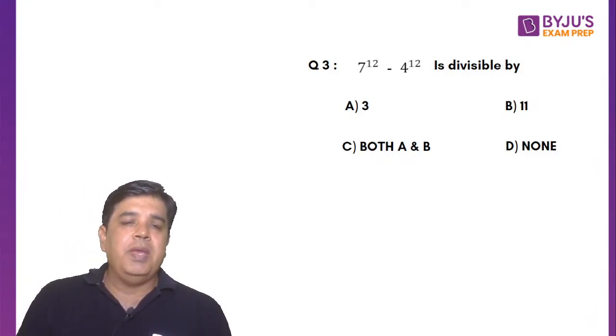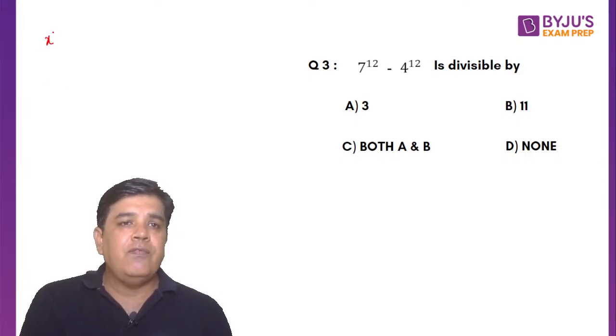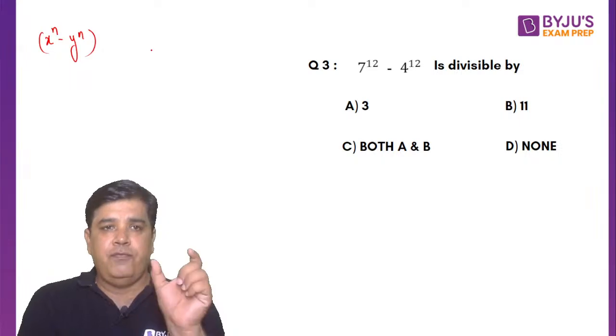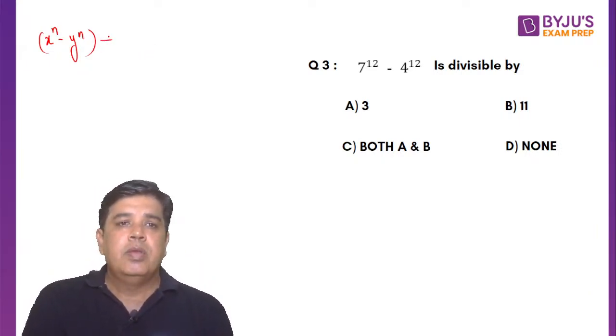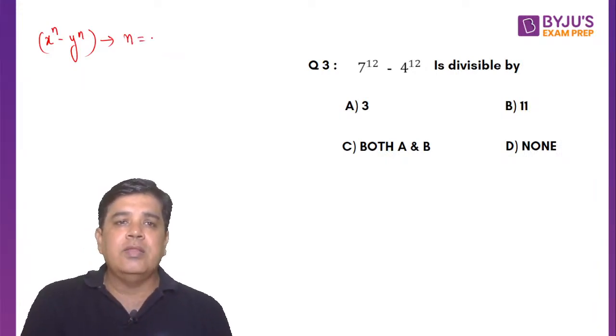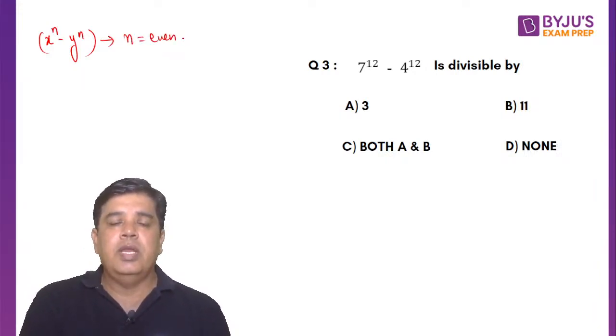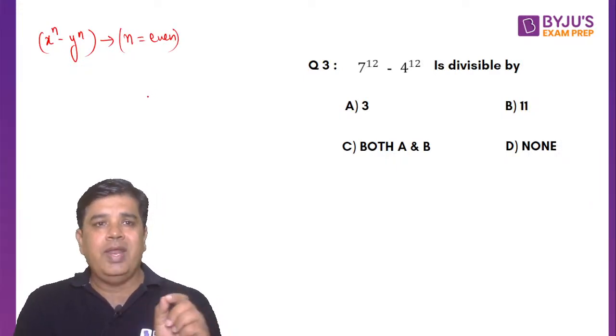Next question is related to rules of divisibility. The question is based on the type where we have x to the power n minus y to the power n as a function, and this is divisible by which of the following. Here n is an even number. The power should be the same for x and y.